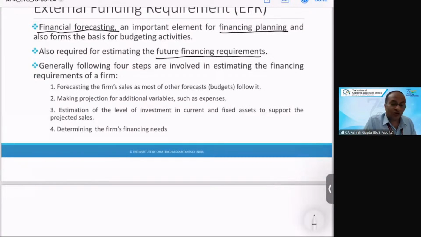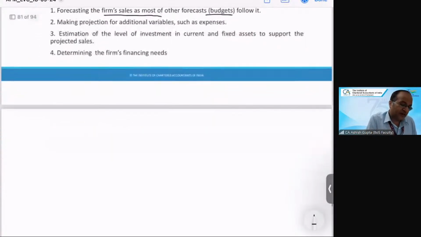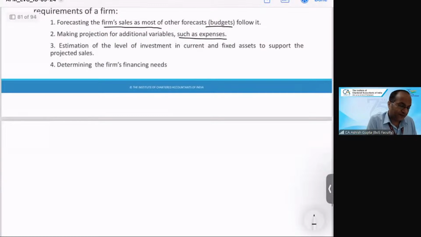Now, generally, there are four steps involved in this external funding requirement. First is forecasting the firm's sales, as most of the other forecast budgets follow it. When we talk about budgeting, first comes the sales budget. After that, other budgets come because sales determines the other variables. Then making projections for the additional variables, such as estimating the level of investment in current and fixed assets to support the projected sales.